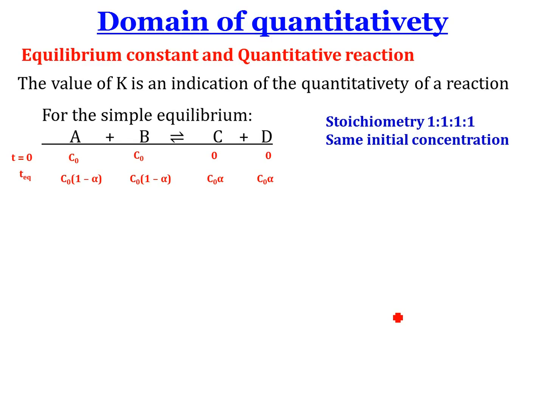The conclusion, according to the domain of K, we have 10 to the power minus 4, 10 to the power 4, and 10 to the power 6. So if K is less than 10 to the power minus 4, the reaction did not proceed.